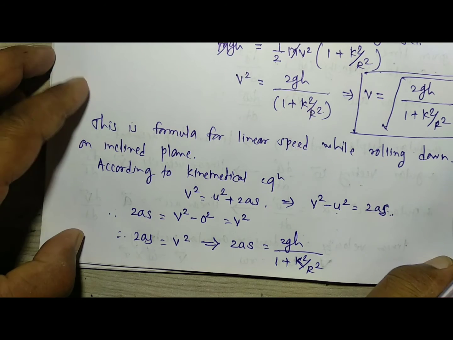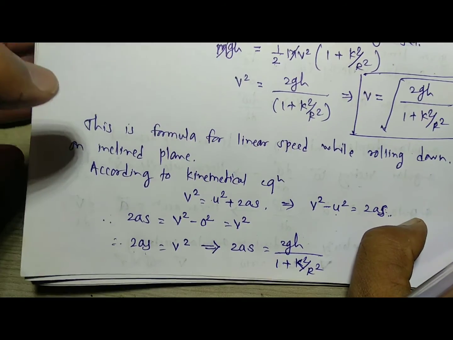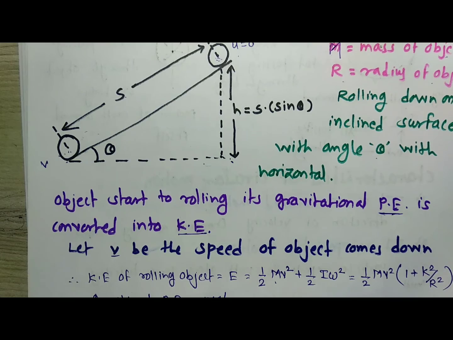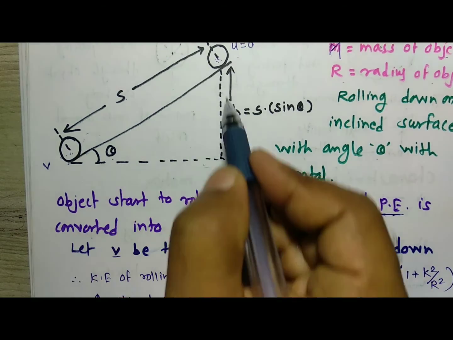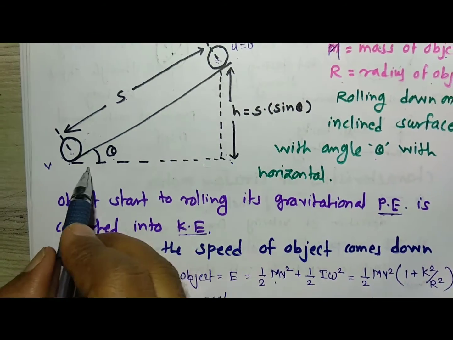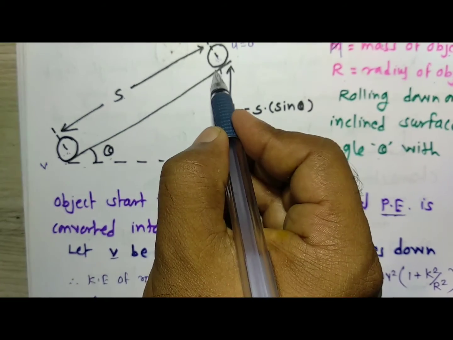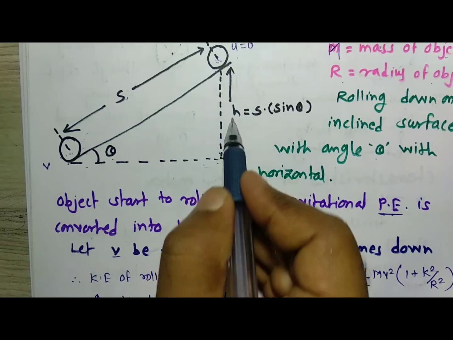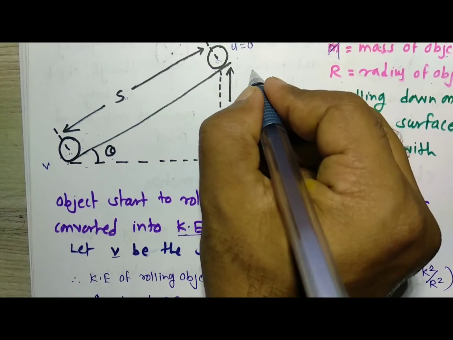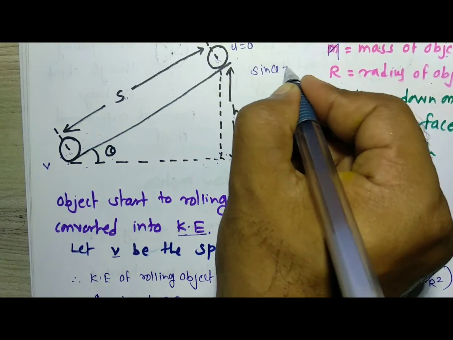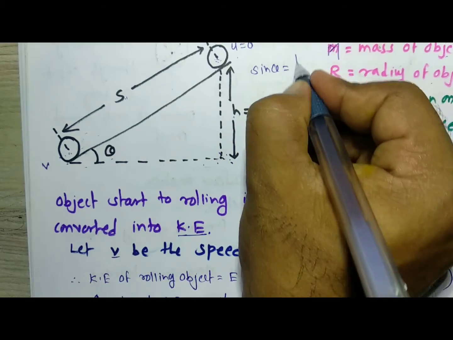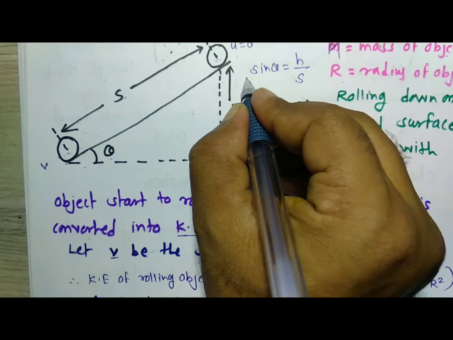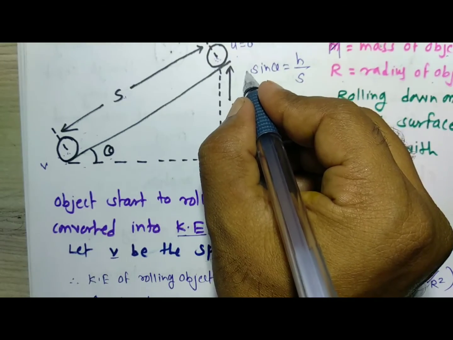Right now from the figure, once again I am going towards the figure, and from the figure this is theta, this is the opposite side, this is the adjacent side, and this is the hypotenuse. Hypotenuse is equal to s, and the opposite side is h, and therefore sine theta is equal to opposite side h divided by hypotenuse s.